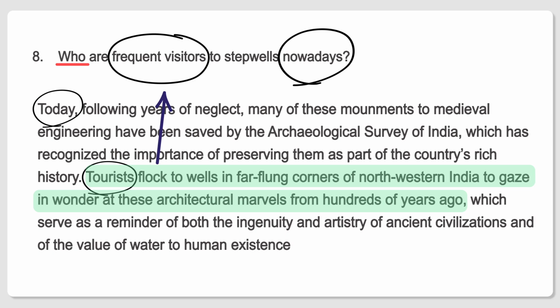And again, the sentence: tourists flock to. Flock to means to visit somewhere frequently. And if we want to find who, a specific group of people, we have tourists. So tourists are frequent visitors to stepwells nowadays, right? So the answer for this question is definitely tourists.